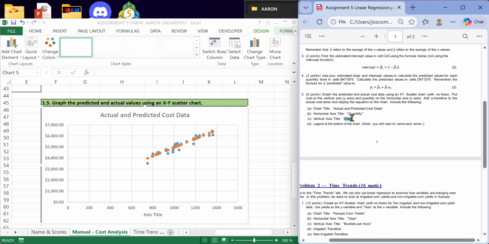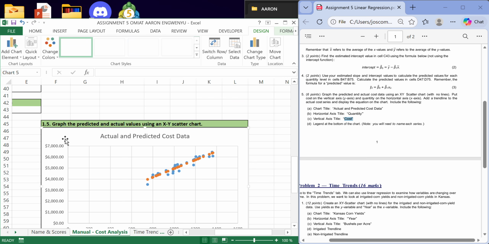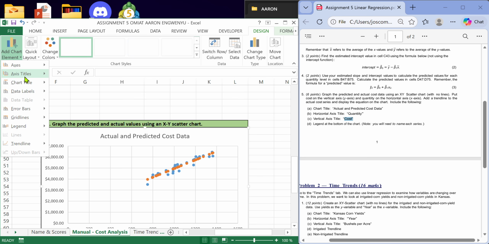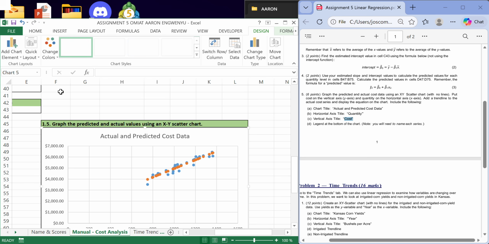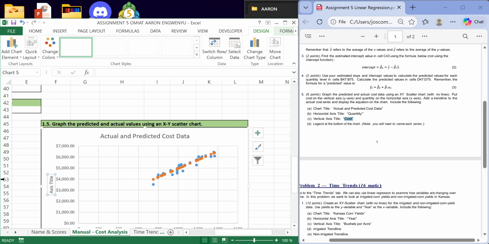Vertical simply says cost. So this is supposed to be quantity. Then the vertical axis title, primary vertical, we shall call cost.